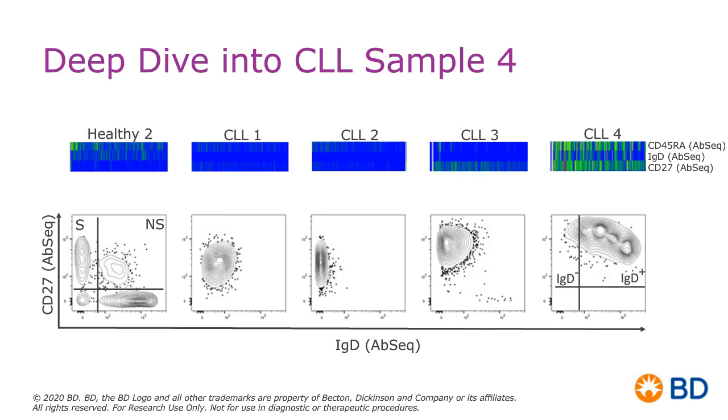And then, of course, they all seem to have a significant expression of CD27. So if we then want to ask the question of what's the difference between the IgD positive and the IgD negative populations, we can now look at differential gene expression in the heat map as well as protein expression on those 2 subsets.